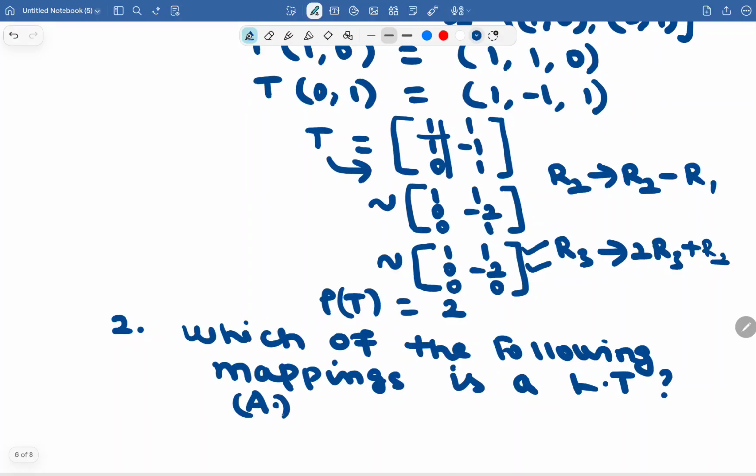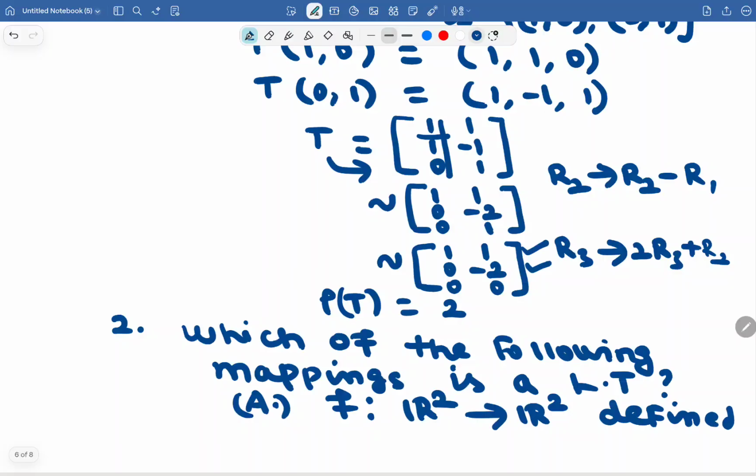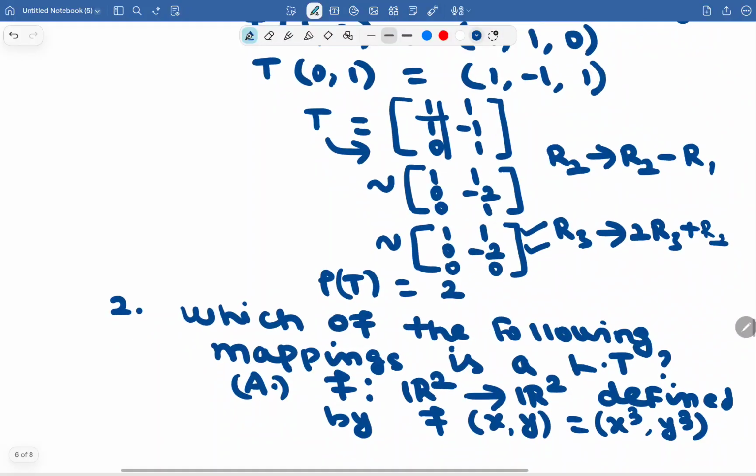Option A: F maps from R square to R square defined by f of x comma y equals x cube comma y cube.